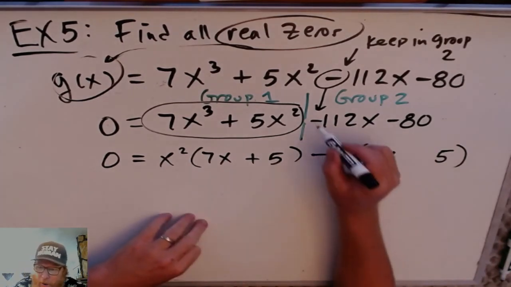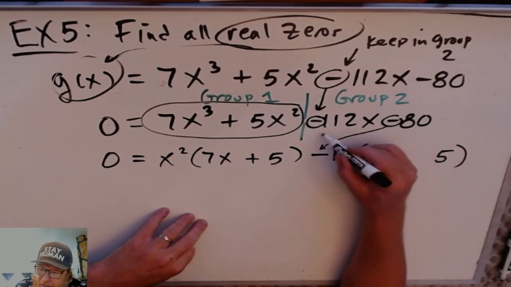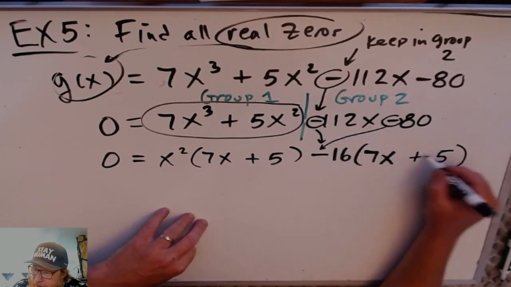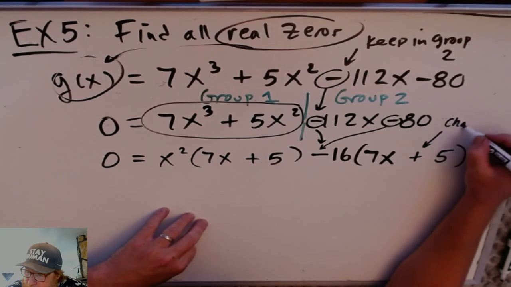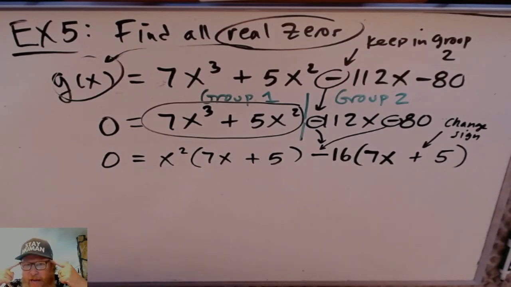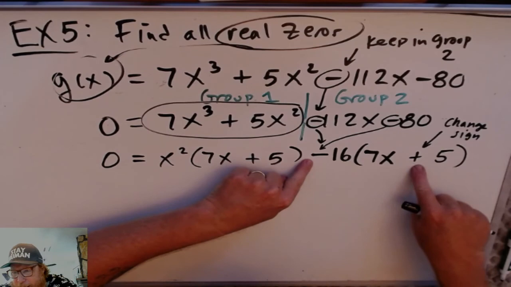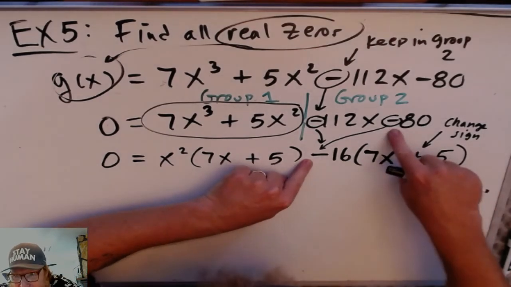Now here's the weird part. This negative factors out, and then you have to change the sign to a positive. You could think about that logically, or you could just memorize it. A negative times a positive is a negative 80.